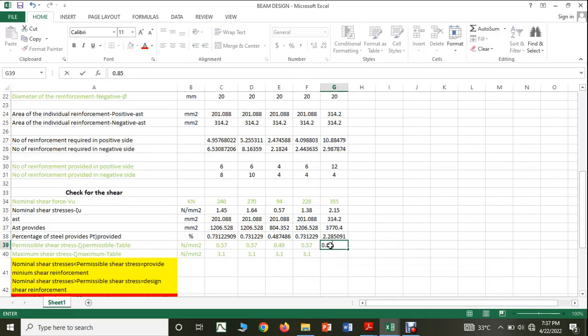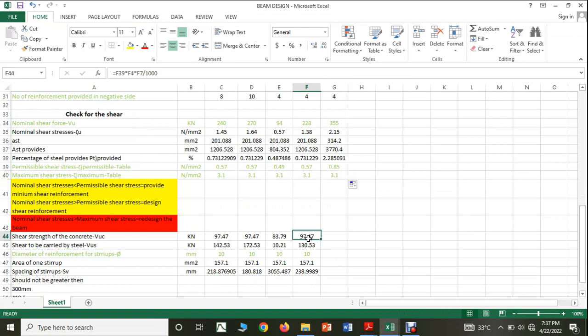Definitely I'm supposed to provide higher, and it is not more than 3.1, therefore safe.